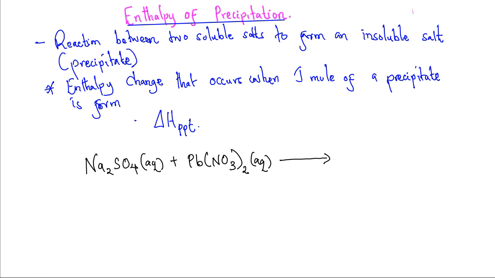This leads to formation of sodium nitrate and lead 2 sulfate as the insoluble salt, simply known as the precipitate. To balance the equation, we have a coefficient of 2, and that can now lead to the ionic equation as follows.